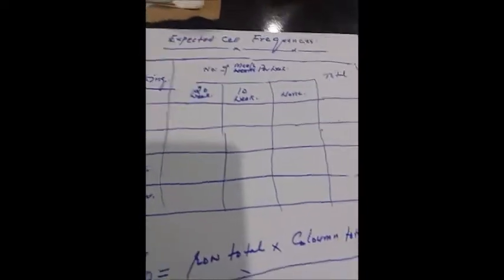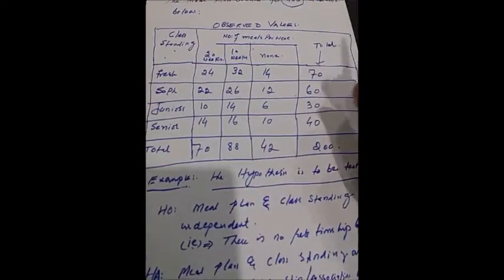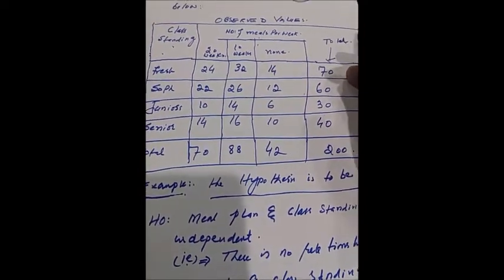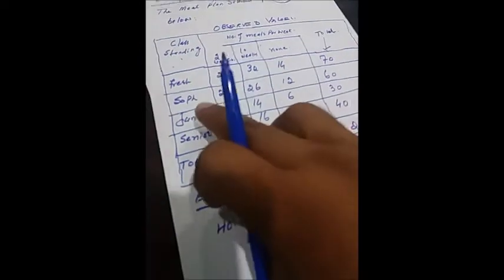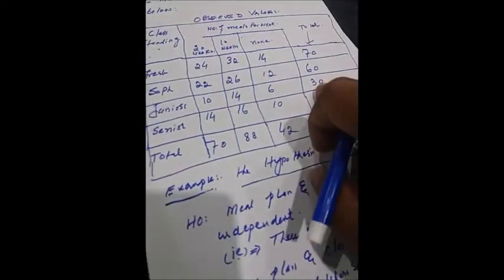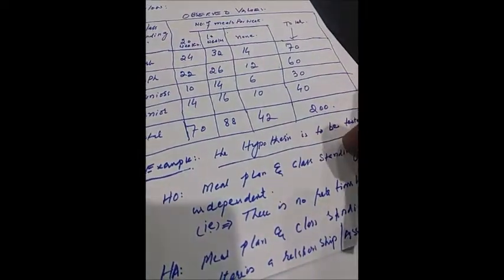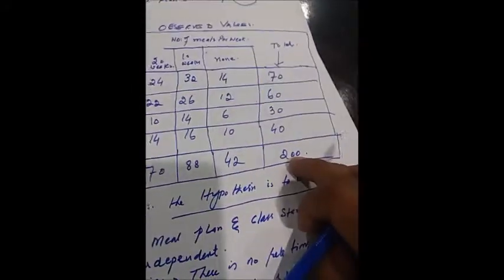Looking at the observed table, we have row totals of 70 for freshmen, 60 for sophomores, 30 for juniors and 40 for seniors. The subtotal is 200.